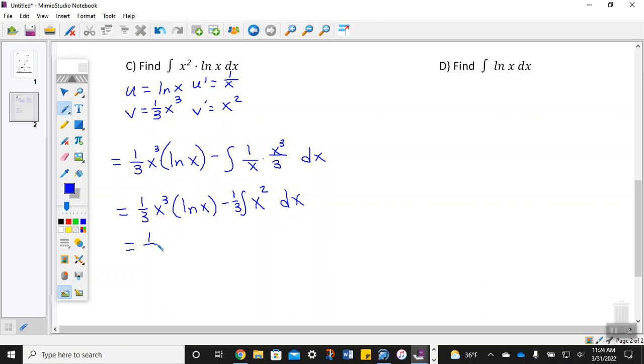This is going to end up 1/3 x to the third times natural log of x, that's our uv part, minus 1/3 times, you said x cubed over 3, right, Maddie? Yeah. Okay, so what am I going to probably simplify this part to right there? What would the 3 times 3 get you down here? So I'm going to say final answer, 1/3 x to the third natural log of x minus x to the third over what?